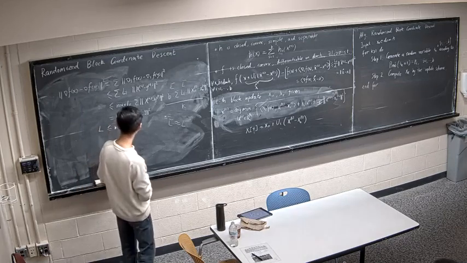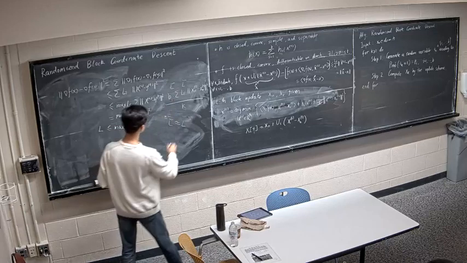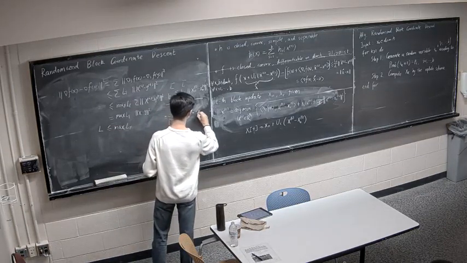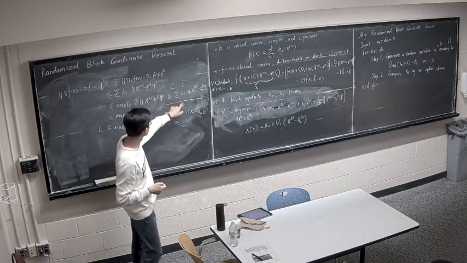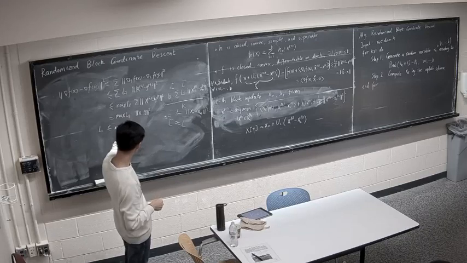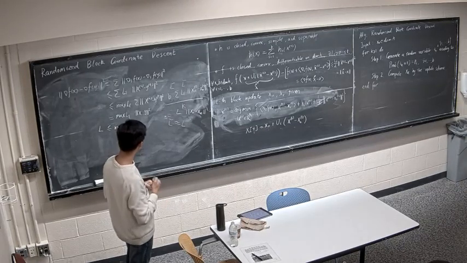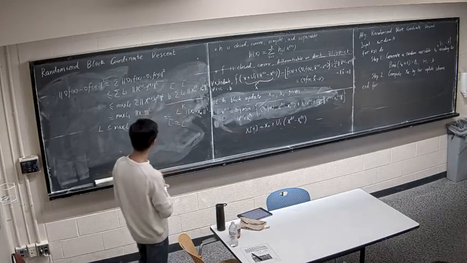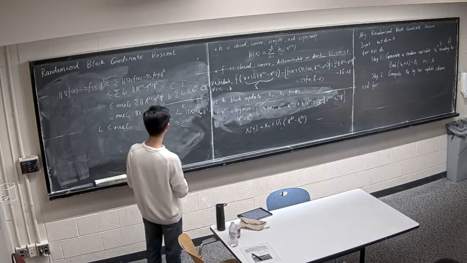So in principle, this should be smaller than if you just use L times x0 minus x star, right? Because here you are using the max, but oh no, yeah, you are right.